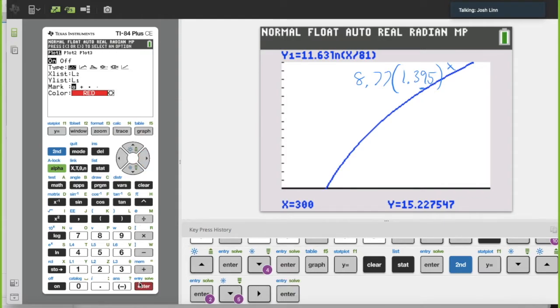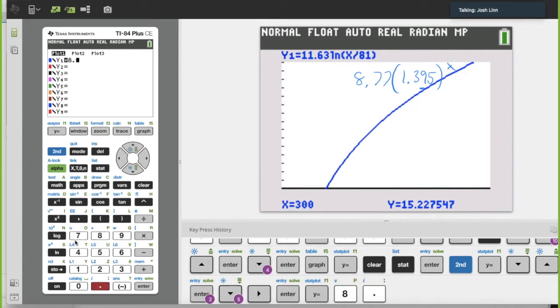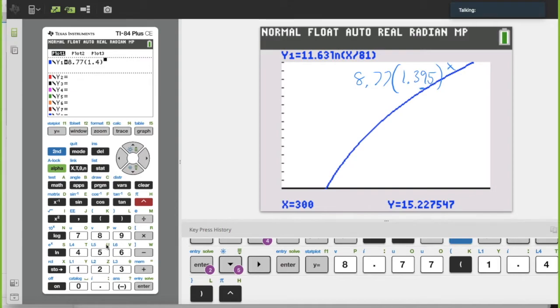Let's make it red. So in our y equals, we can put in this formula, the one that's still on the screen, 8.77, 1.4 power of x.